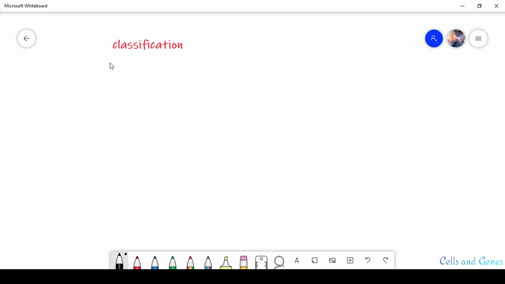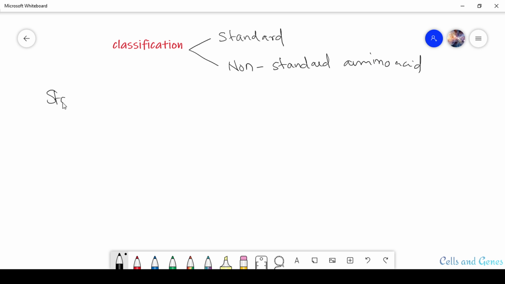Now coming to the classification of amino acids, we have two types: standard amino acids and non-standard amino acids. What is a standard amino acid? Standard amino acids are amino acids that are incorporated ribosomically into proteins.